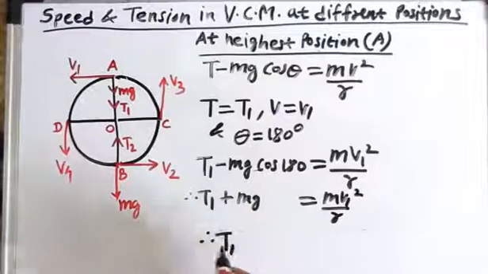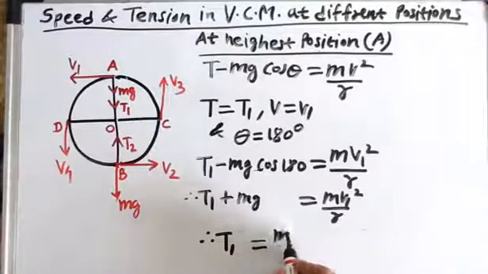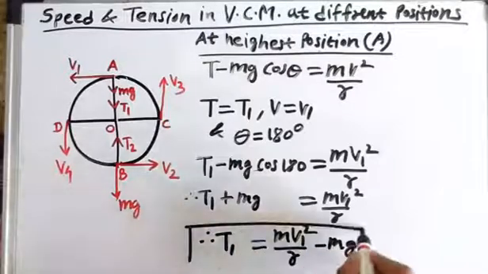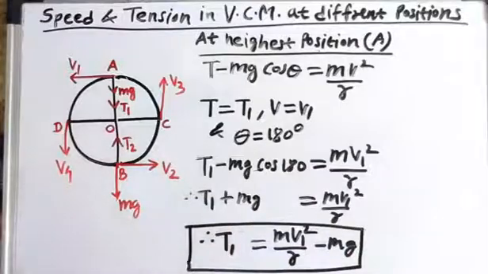Therefore T1, the tension at the highest position in vertical circular motion, is equal to m V1 square upon r minus mg. So this equation gives us the tension at the highest position, point A.